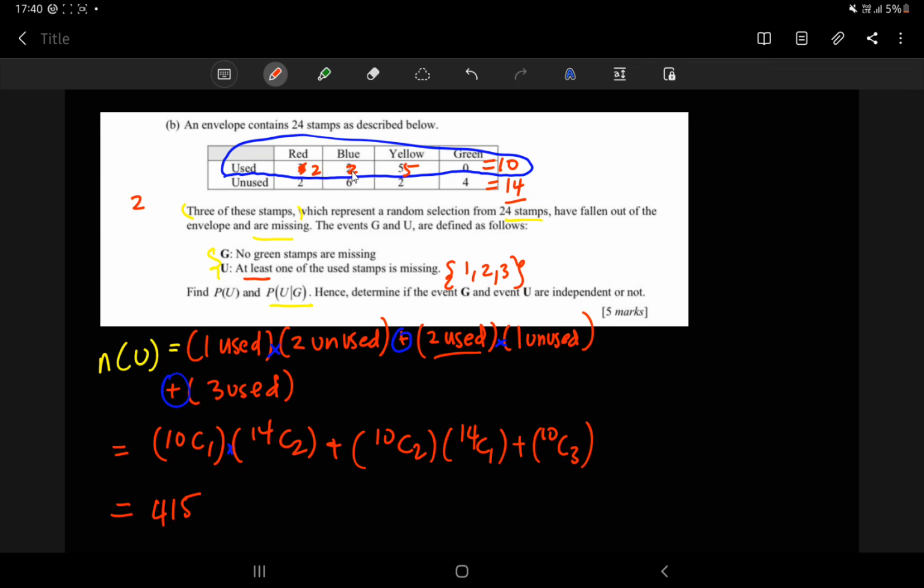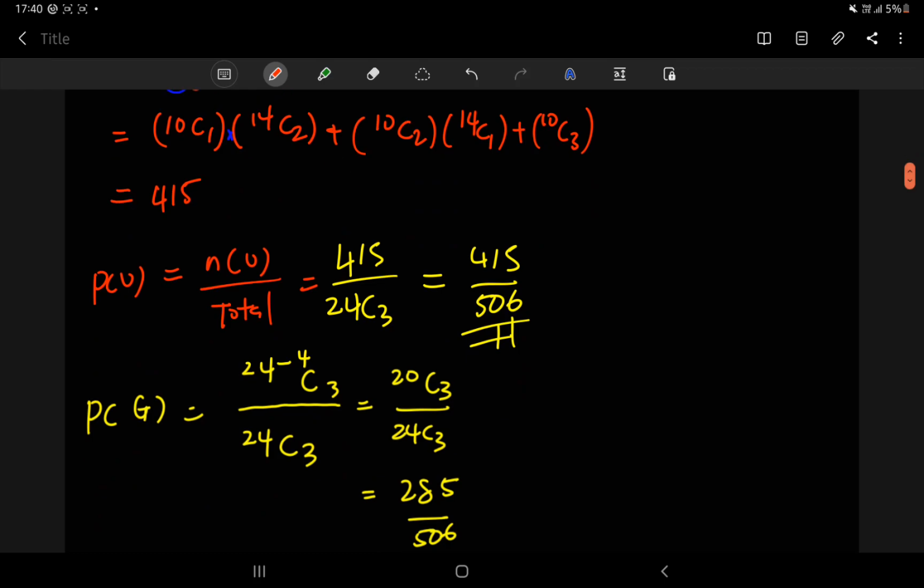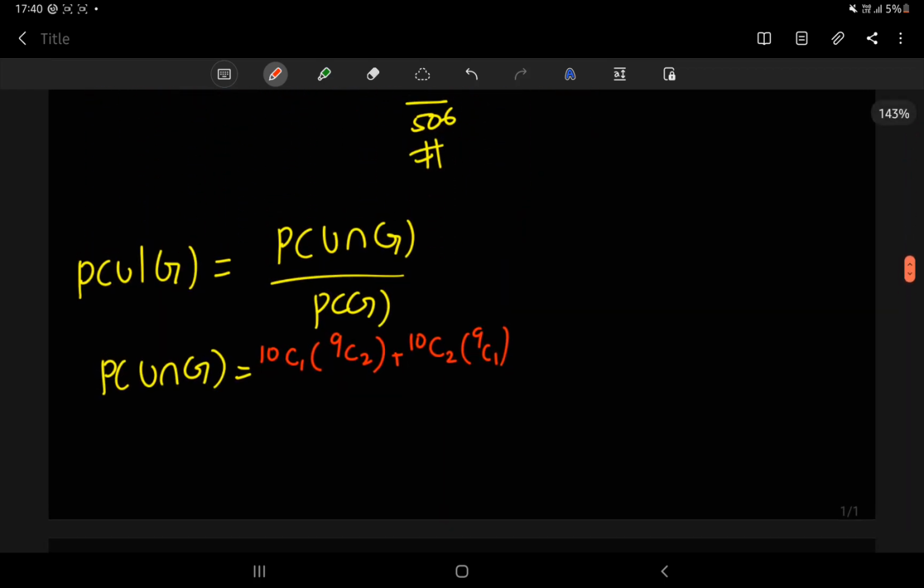Okay, so we can still choose 2 out of 9 stem to be missing, so that's why I wrote over there 9 choose 2. First one is 10 choose 1, because overall is 10 and just missing 1. After that, missing 2 out of 9, right?